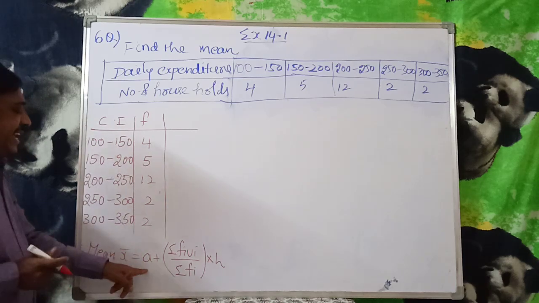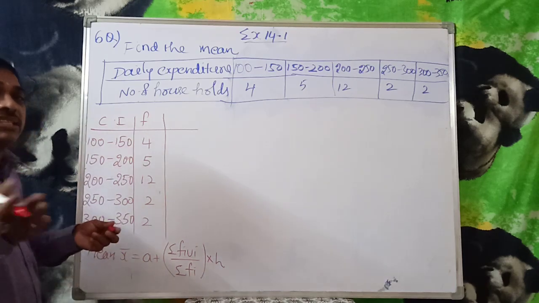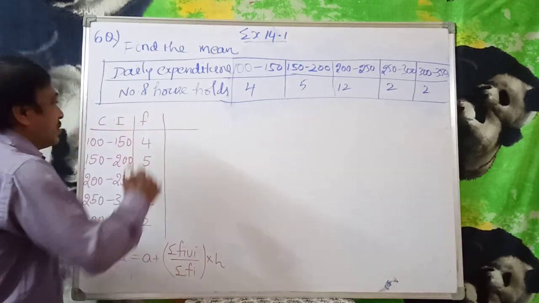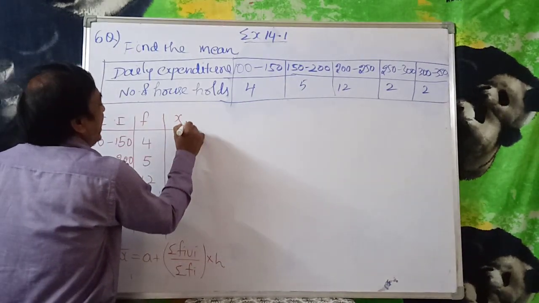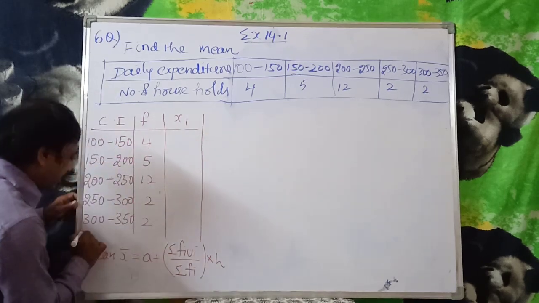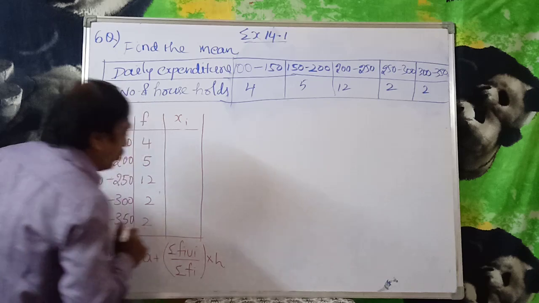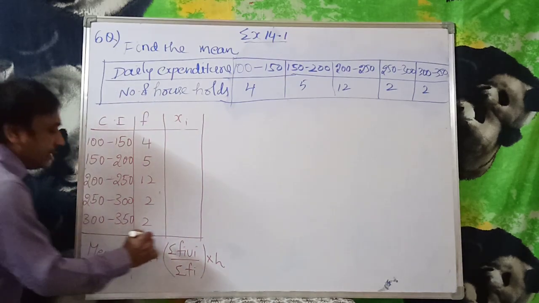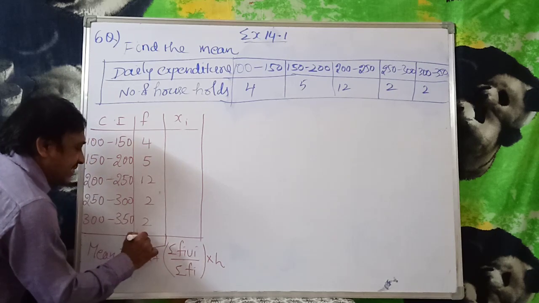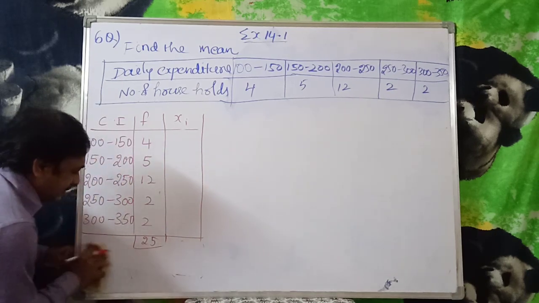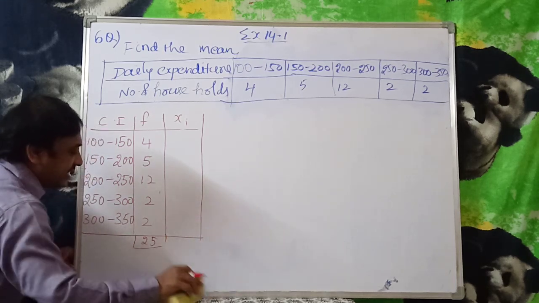Now we need a. How to calculate a from among the xi values? For that we need to calculate xi. That is the next column we are doing here, xi. The total frequency is 25.